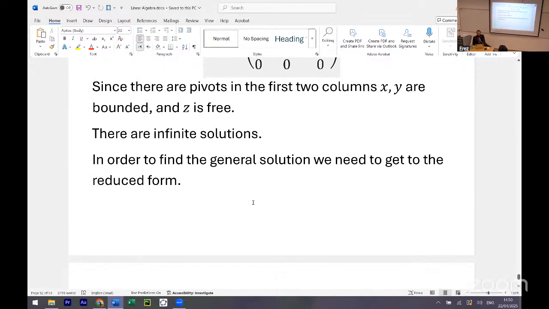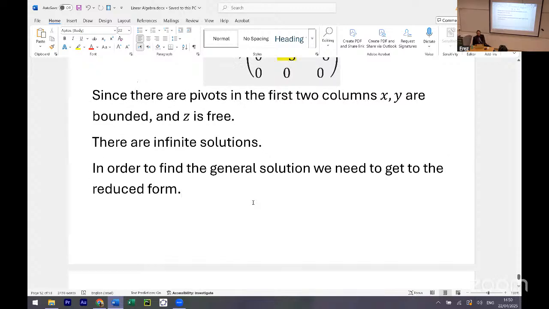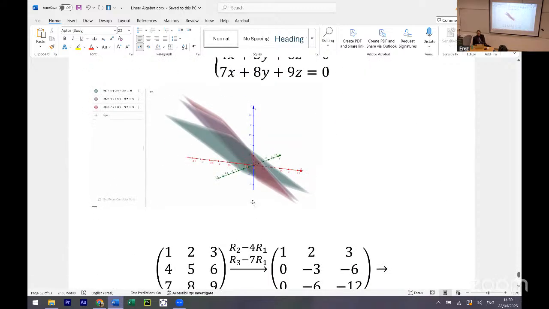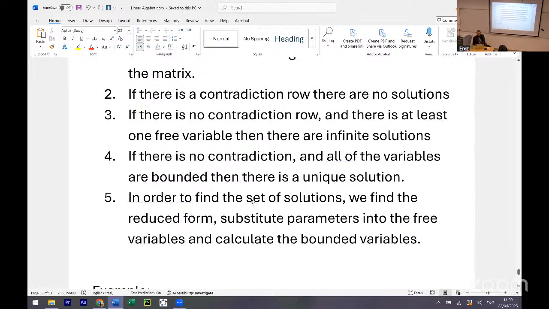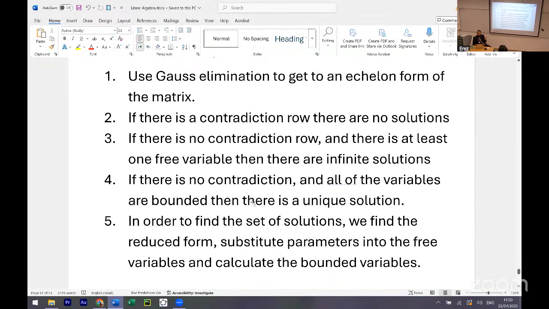Can you go for a second to the description you gave for the third step? Yes. If there is no contradiction row, that's the case, and there is at least one free variable. Z is the one free variable. I'm just thinking that for this to work, you chose a square matrix on purpose.